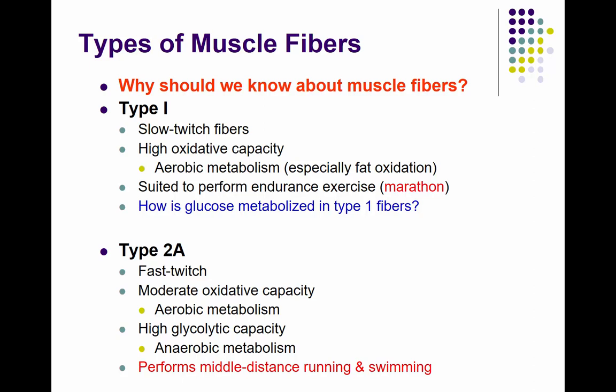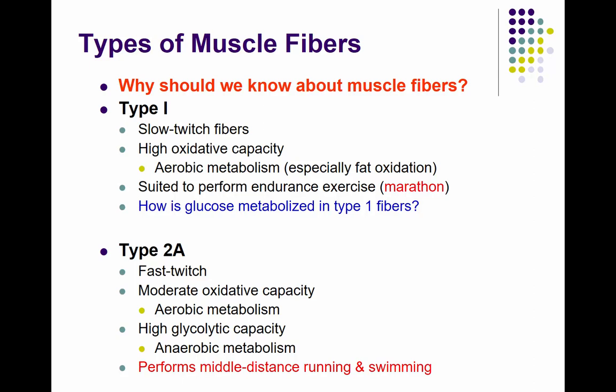So is that true for everyone? Somebody that runs marathons all the time versus somebody that never runs at all, is it different? Yeah, great question. Yes, they are actually different in terms of the distribution or composition of different types of fibers.